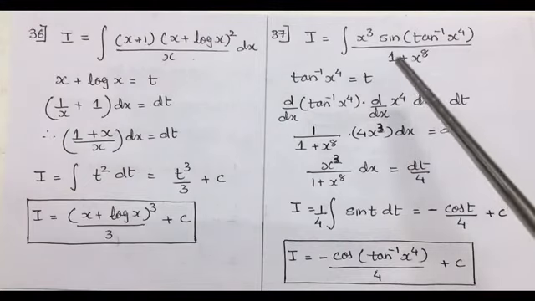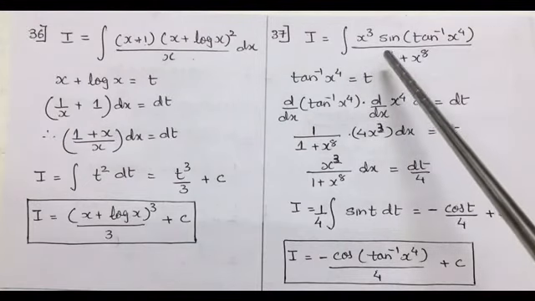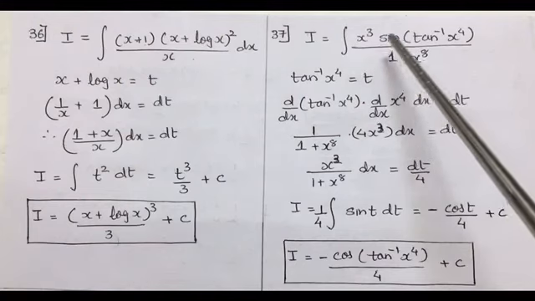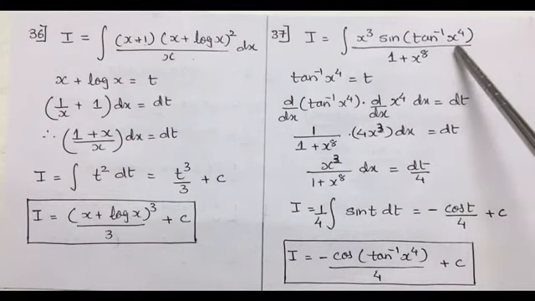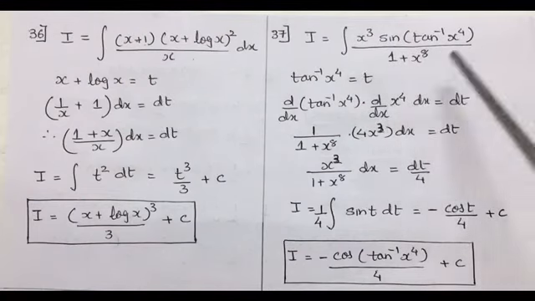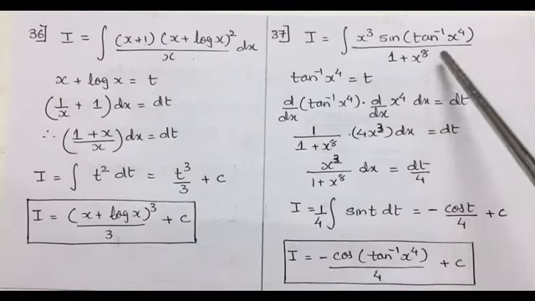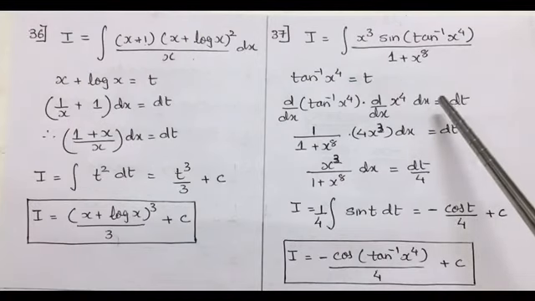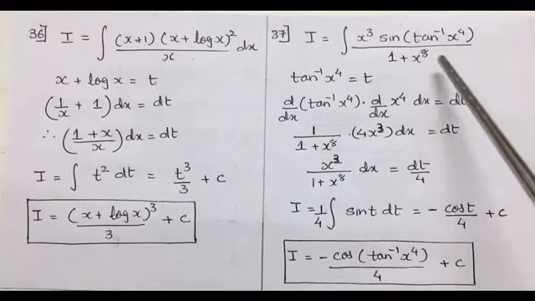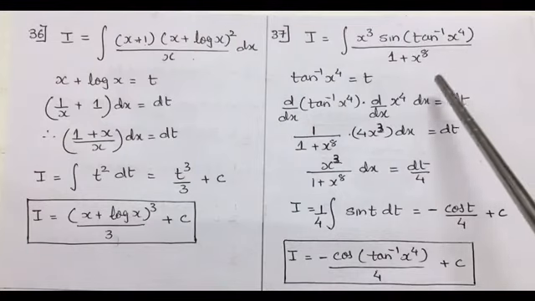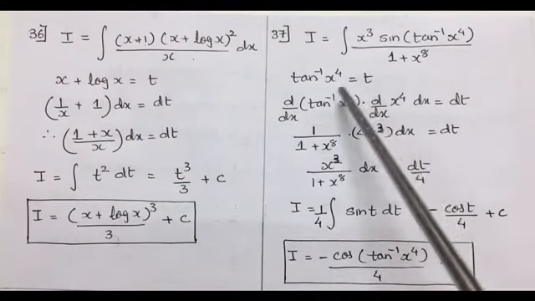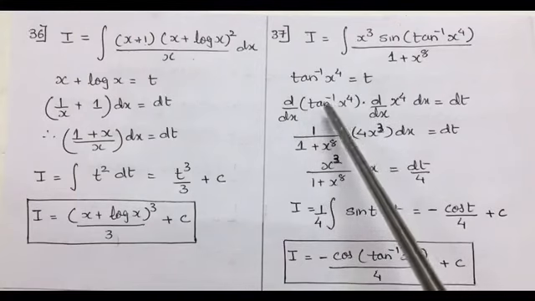37th one is I is equal to integration x cube sin (tan inverse x raised to 4) whole divided by 1 plus x raised to 8. Now assuming tan inverse x raised to 4 as t and differentiating it.